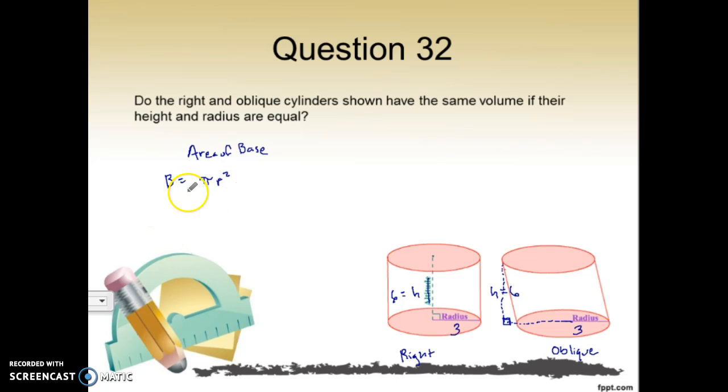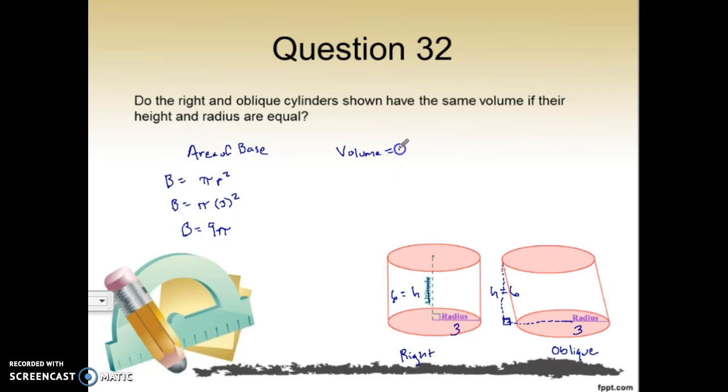All right, so I'm going to shove that in there. I'm going to say base equals pi times the radius squared, 3 squared. And that tells me, remember, 3 squared means 3 times 3, so I'm going to get 9 pi. And right now, I'm just going to leave pi as pi. Pi is pi, baby.